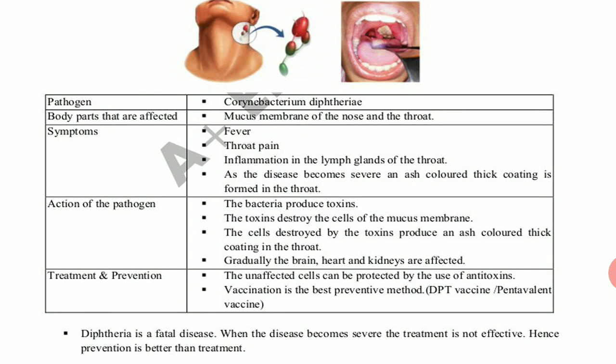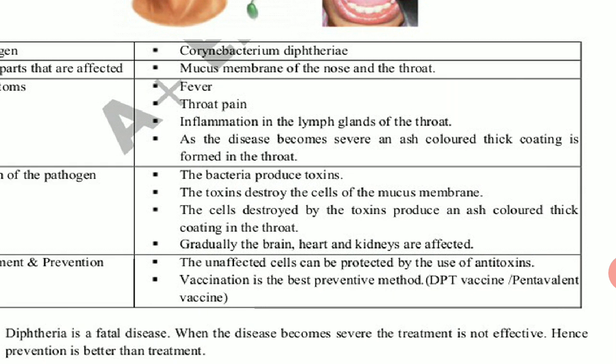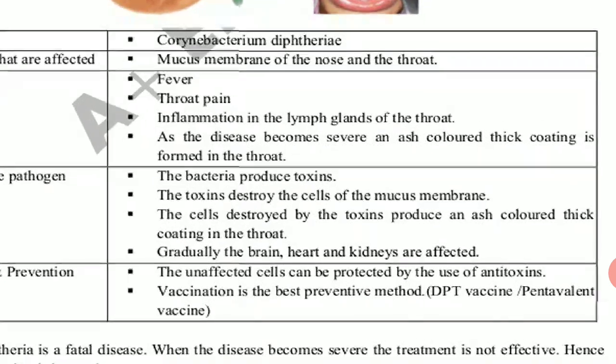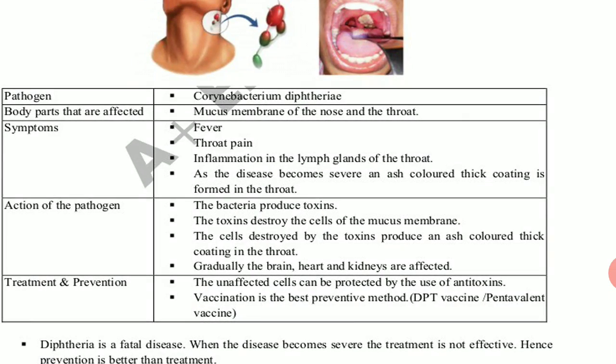Then the treatment. Let us see what are the treatment and preventive measures. Unaffected cells can be protected by the use of antitoxins. Antitoxin means the one which can neutralize the toxin produced by bacteria.